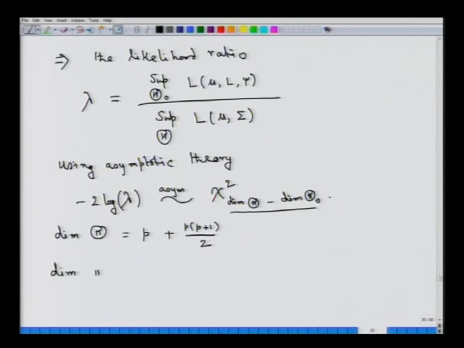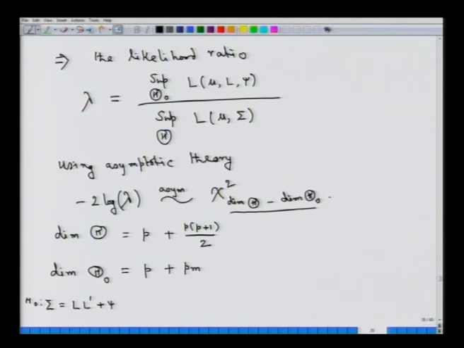Now, if we look at the dimension of script theta naught, sigma under H naught is given by L L transpose plus psi. The dimension of script theta naught still has the components of the mean vector, so that is p of them, and then we will have the elements here and the elements here, which give us pm.